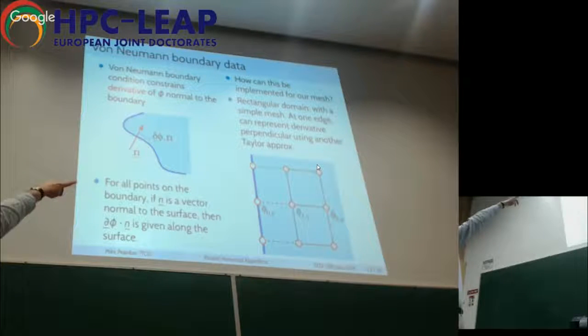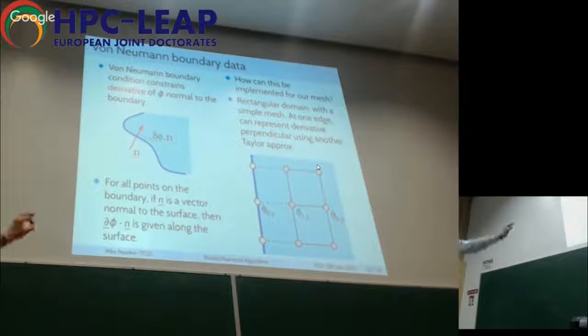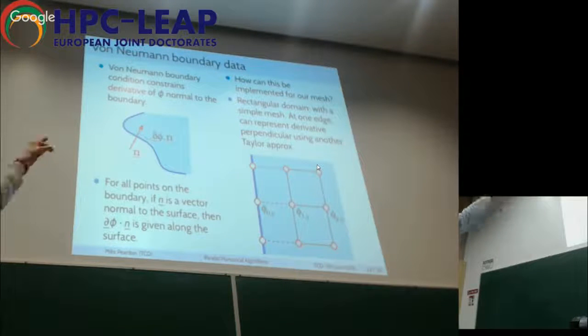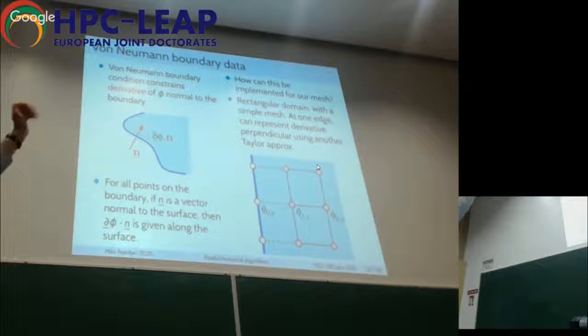So, little picture here, I've drawn this blue boundary, and the normal vector pointing into the boundary is that red line, and we would look for variations of phi along that axis and prescribe a value at the blue edge, that slope. So rather than saying phi has a value, I'm going to say the slope of phi as I run along that red line takes a particular value. And those are von Neumann boundary conditions.